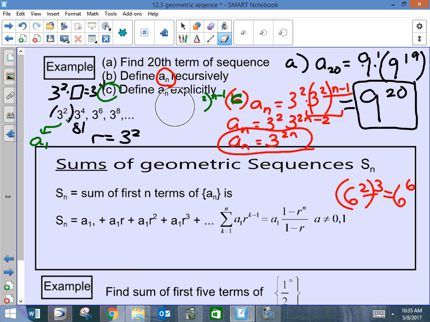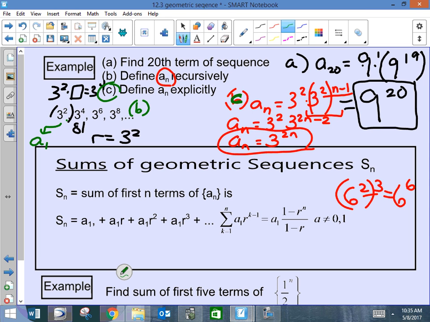All right, let's try B. B is a lot easier, I think. B is a_n equals a_(n minus 1) times r, right? And all we do is fill in r.